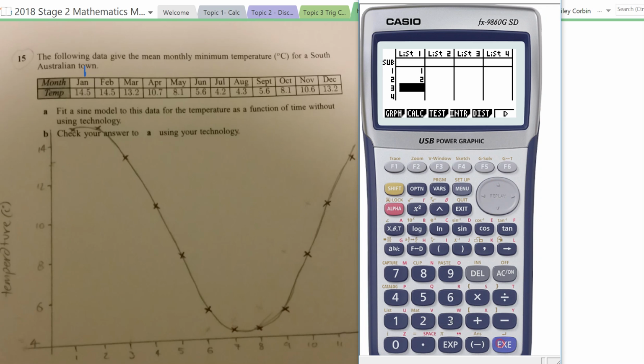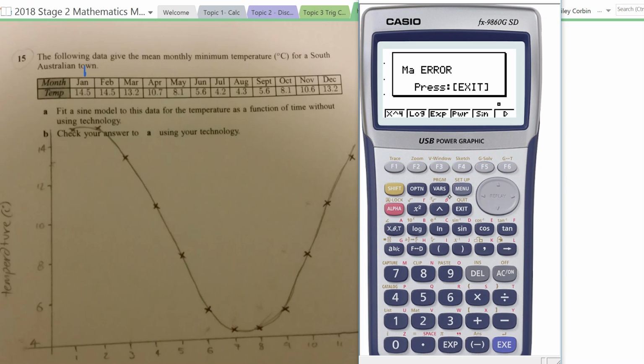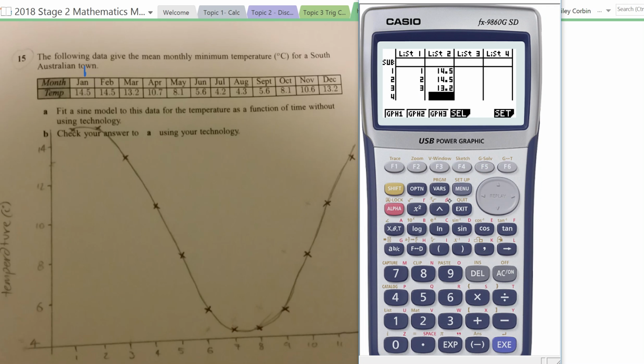I'll just do the first 3 points: 14.5, 14.5, 13.2. Exit, graph 1. There are our first 3 points. Then you go Calc, then sine. It won't let me because I don't have enough points, but it will let you. If you press that sine, it will give you the equation of a curve that would work perfectly.